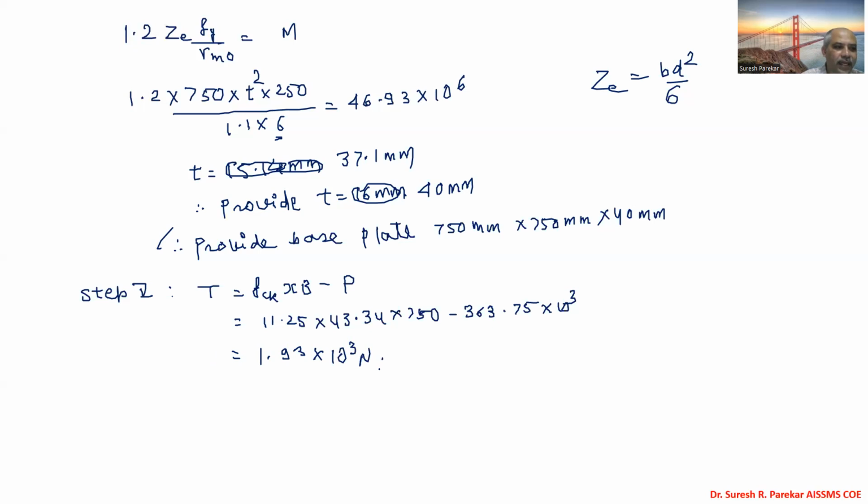And it is very less, so we can directly say provide 2 bolts of 16 millimeter diameter. If it is larger, but if you go with the rare cases, we will go larger.